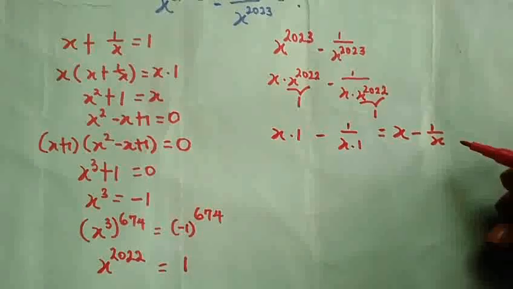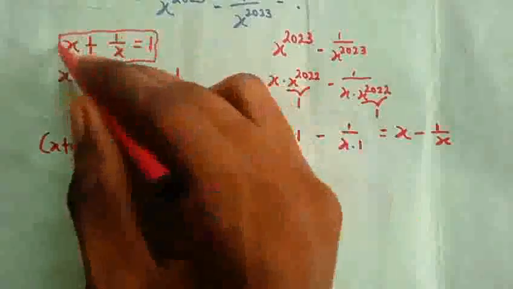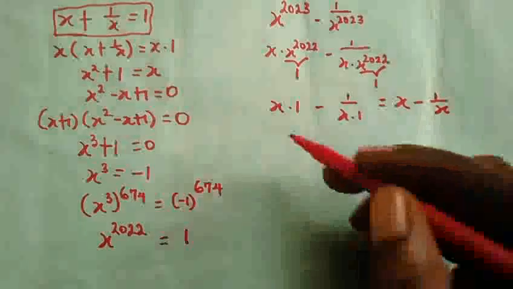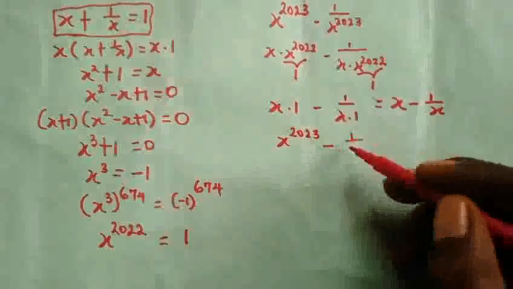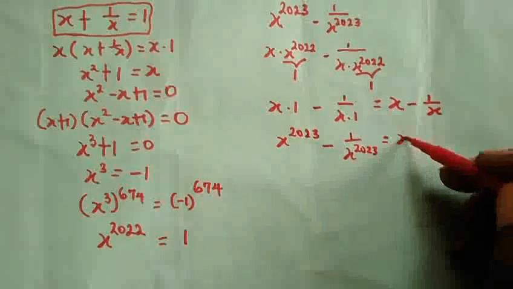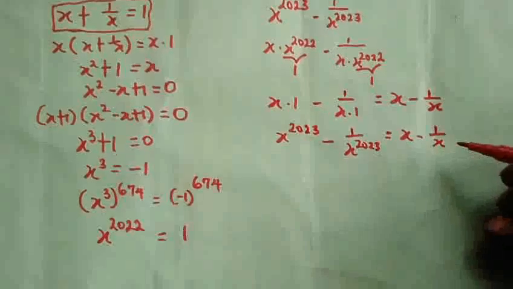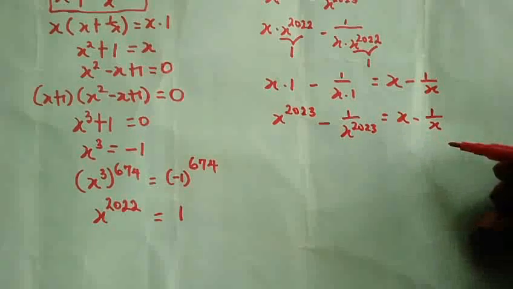So we can say that in the above equation, the value of x raised to 2023 minus 1 all over x raised to 2023 is the same as finding the value of x minus 1 over x.